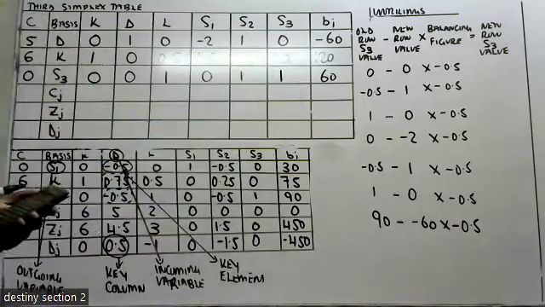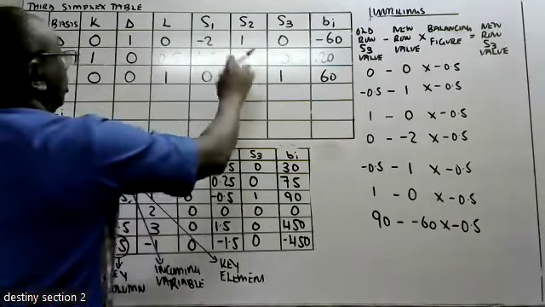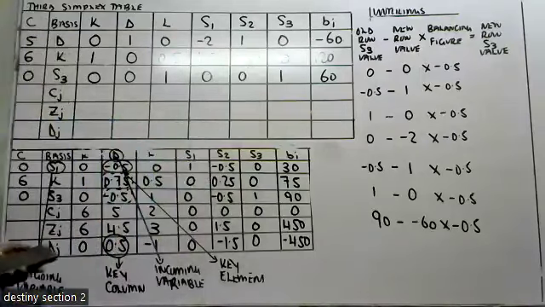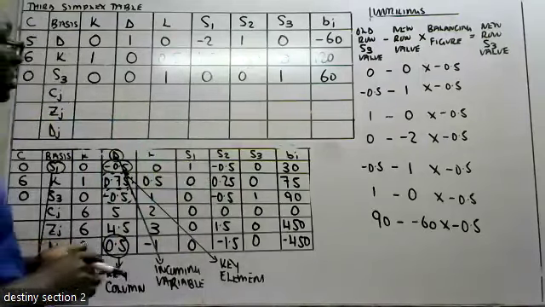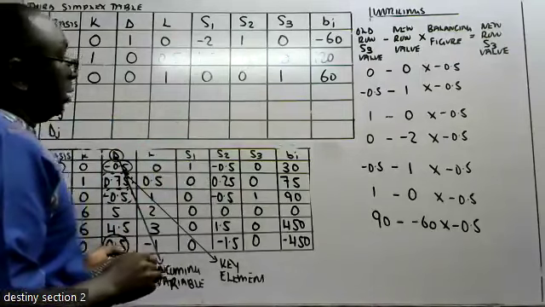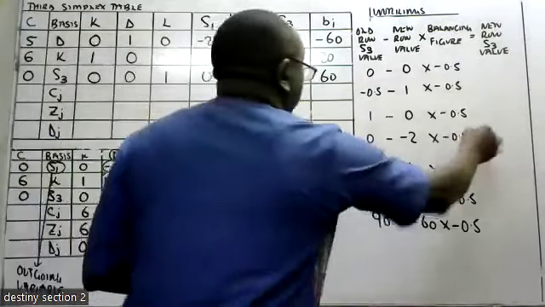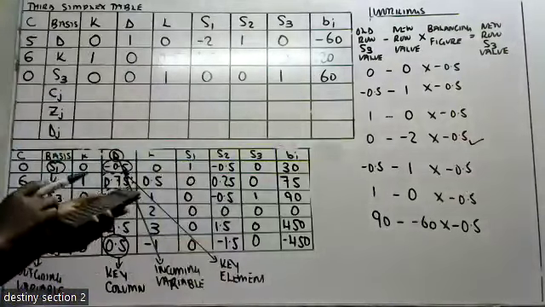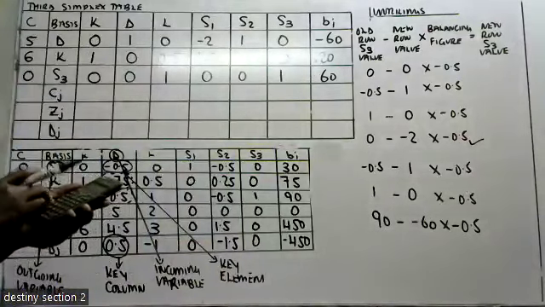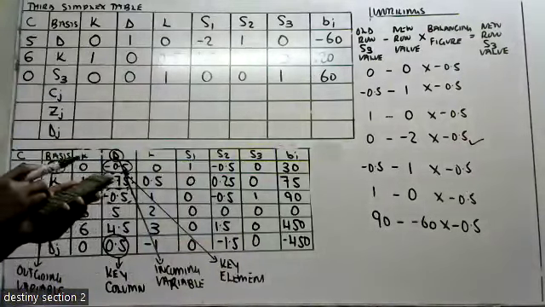Then minus 0.5 minus 1 times minus 0.5, 0. And this one is 0 minus minus 2 times minus 0.5.